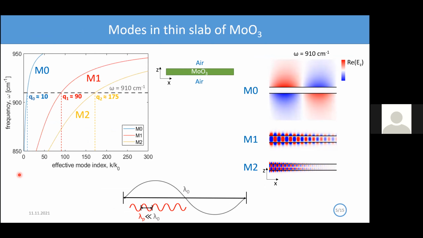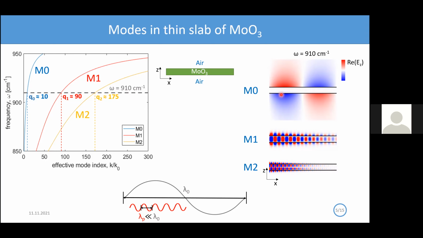If we take a thin film, there will be an infinite number of modes. In this picture, you see the first three modes, their dispersion, and here we see the distribution of the out-of-plane component of the electric field for a fixed frequency.